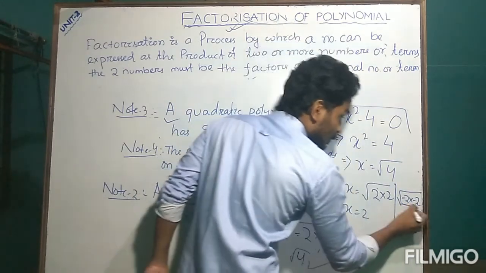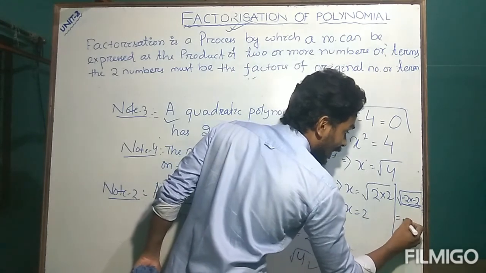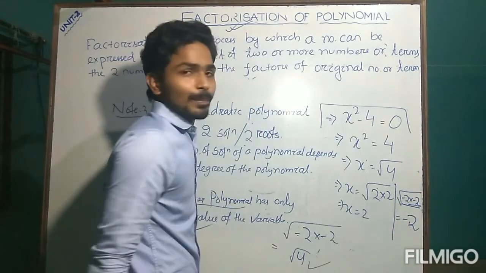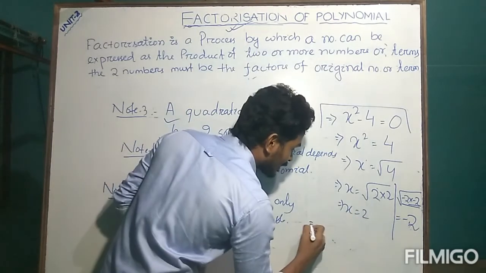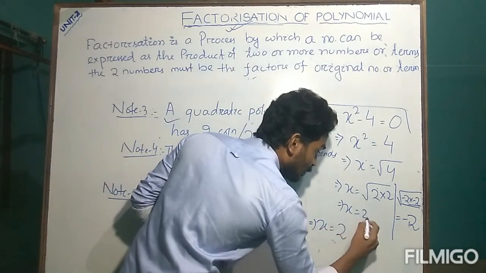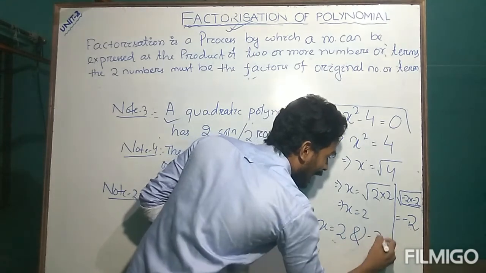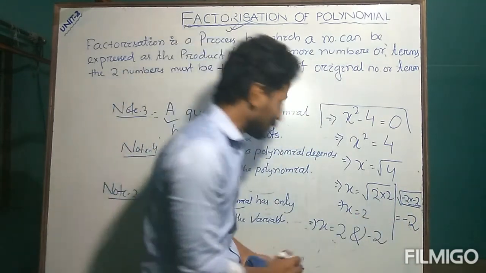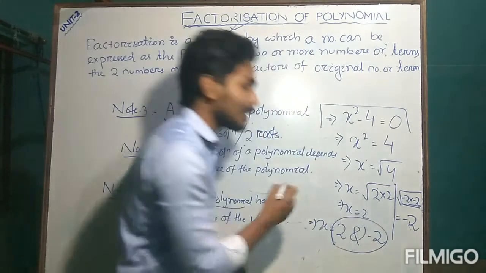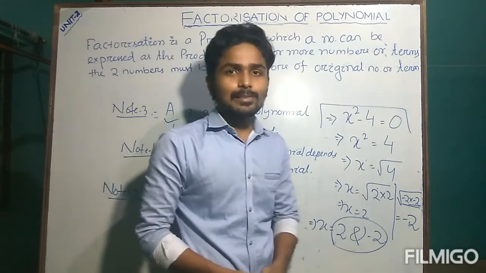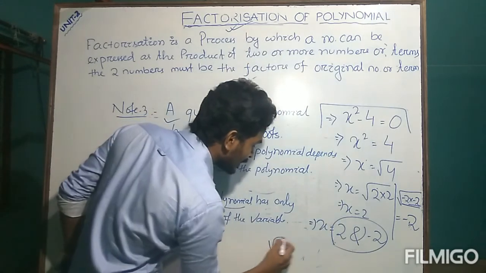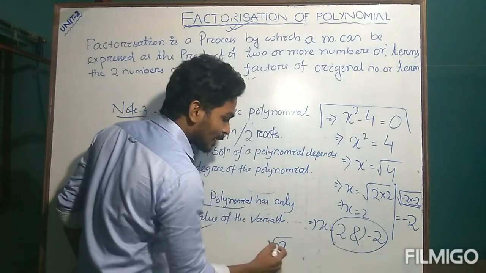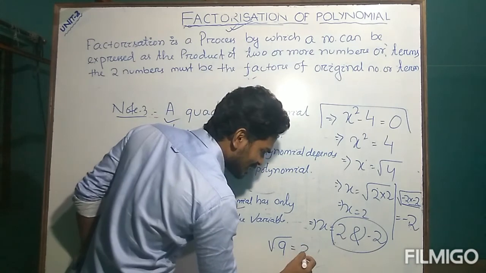Okay, for two similar terms, we write a single term. Hence what we got? We got x is equal to 2 and minus 2 also. That means x has two values here: one is 2 and another is minus 2. So for every square root, suppose you are calculating the square root of 9, what is the value? Is it 3?